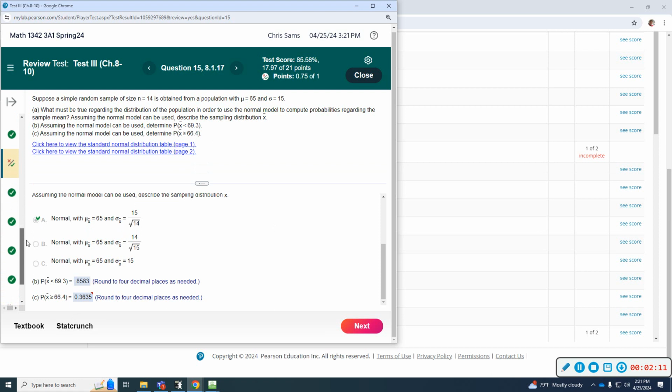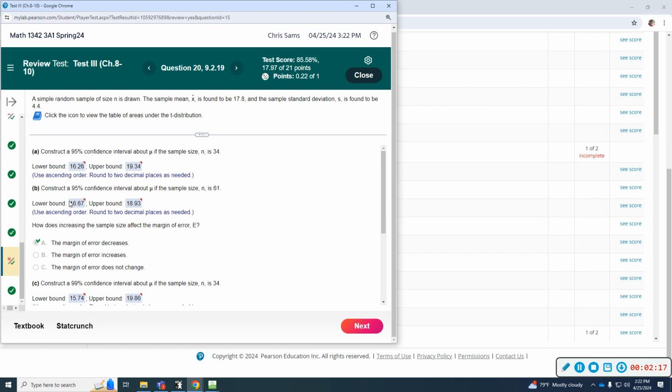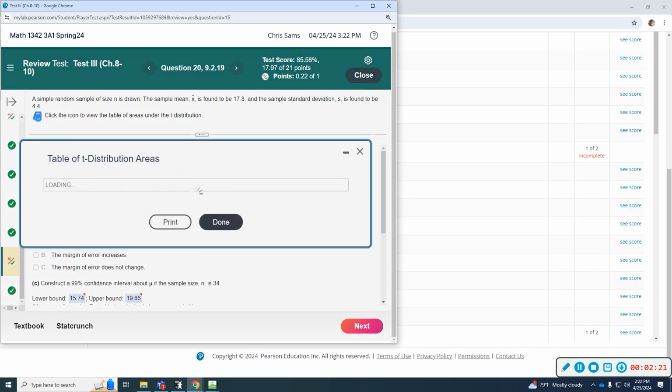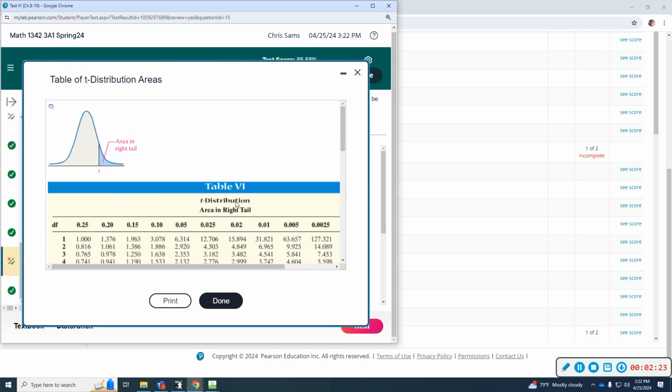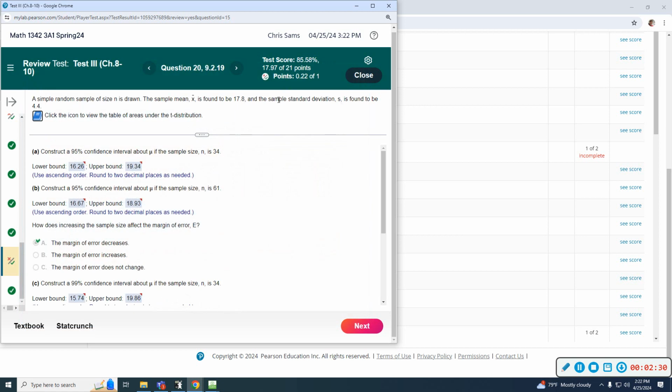Okay, the other one that we're having a little issue with is 20, and it is all of the confidence intervals. So T distribution, did we not use the right one? We must have done everything backwards.